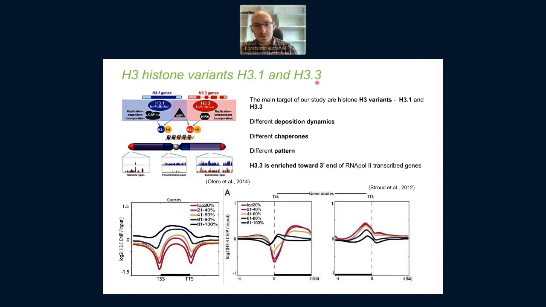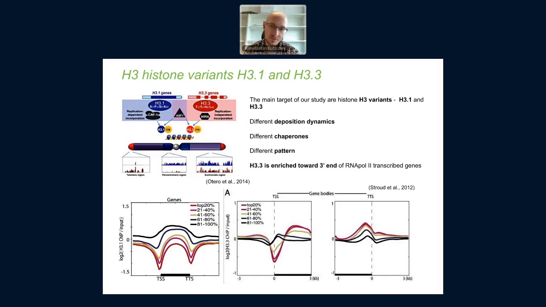Also a brief introduction to H3 variants. H3.1 and H3.3 histone variants differ in just 4 amino acids, but they have different deposition dynamics, where H3.1 is associated with S phase, and H3.3 is a replication-independent variant. Then they also have different chaperones associated.